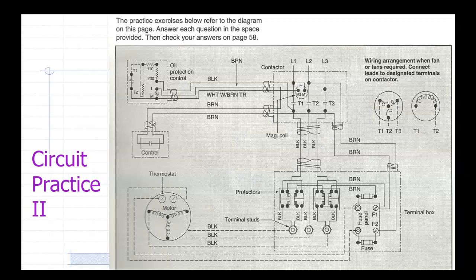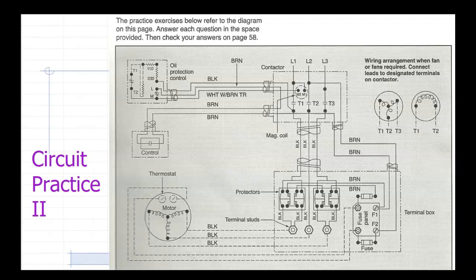This is oil protection control, and this is the control with the motor down here. All right, so I'm going from my contactor to my terminal box. So what is that color? Everybody agree that it is what? It is black. So we're going from these power inserts down into the terminal box, and those are black.